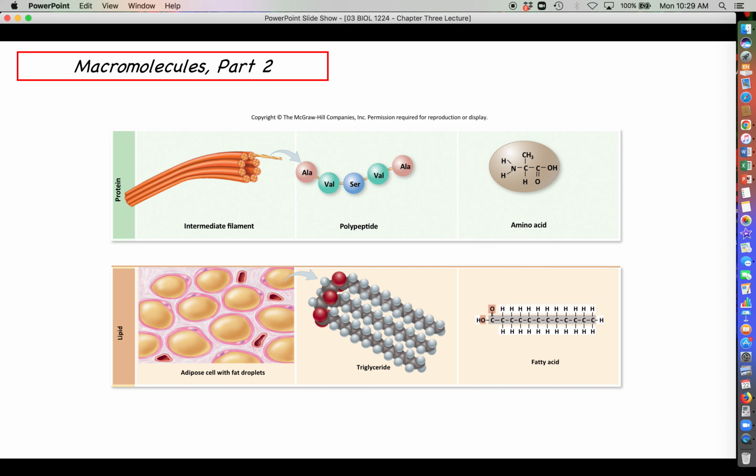And then if we consider proteins and lipids, we can see pretty much exactly the same thing. A protein is a polymer built by attaching individual amino acid monomers together. So this time the monomer for a protein is an amino acid. It's not a nucleotide and it's not a monosaccharide. It's a completely different type of monomer that is specific for proteins.